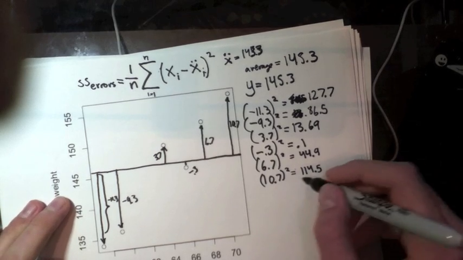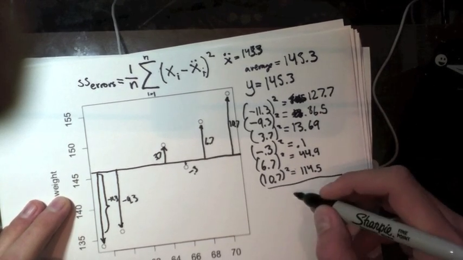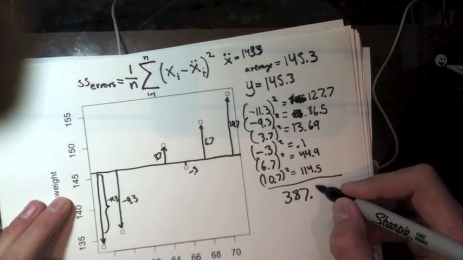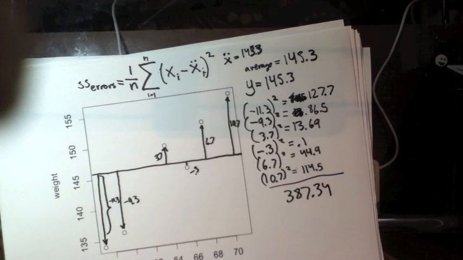So if we sum all these up, if we add all these together, what we get is 387.34 roughly. Now remember, I rounded these a little bit. So they're not exact. That's okay. We didn't mark you down if you rounded a little bit.